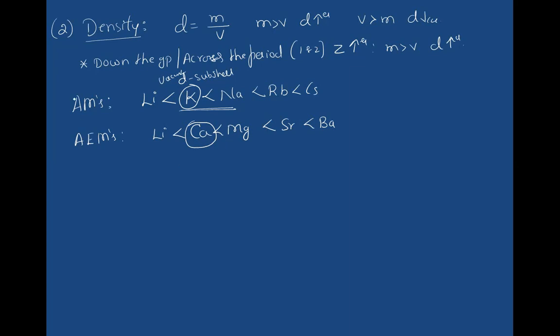Comparing both the groups, I can represent the density like this. Lithium, beryllium, then potassium, then calcium, next sodium, magnesium, then rubidium, strontium, cesium and barium.